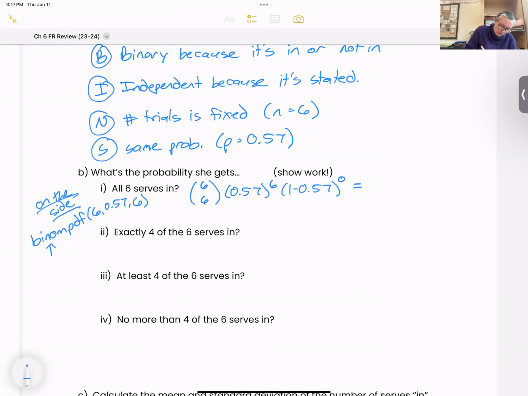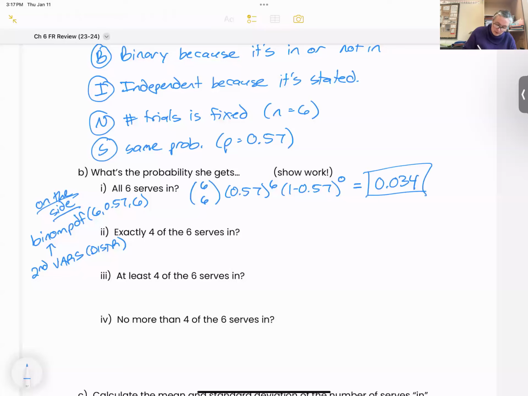So, and this is under second vars, which is distribution. So second vars, binom PDF, 6, .57, 6, paste, you get a 0.034. She has a 3.5% chance of making all 6.